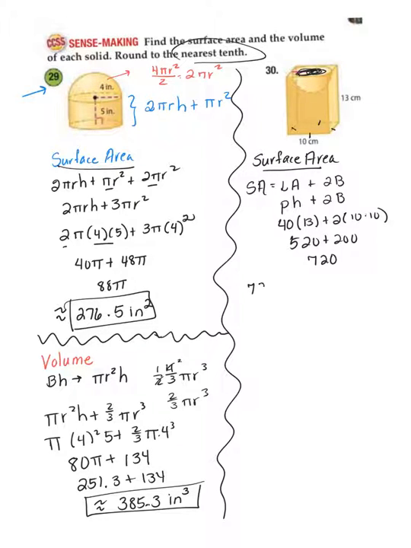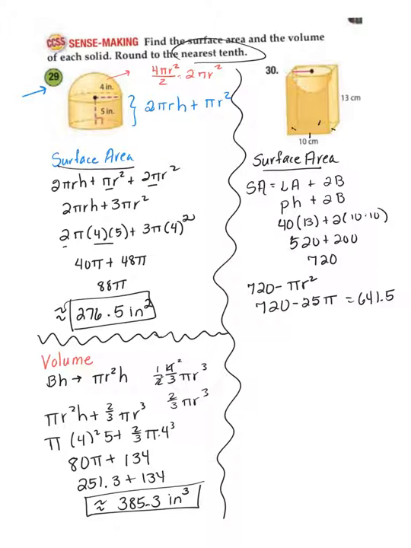So 720 removing a pi r squared, when in fact the r is halfway across the prism, so that's going to make my radius 5. So 720 less than 25 pi. So that's going to give the prism's contribution to the surface area, 720 minus 25 pi, 641.5.